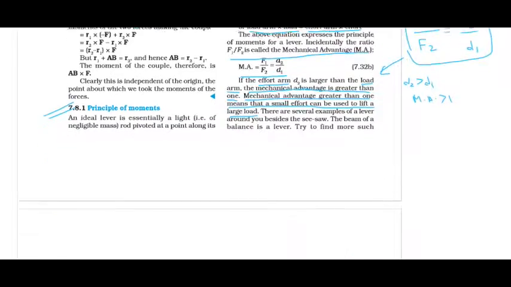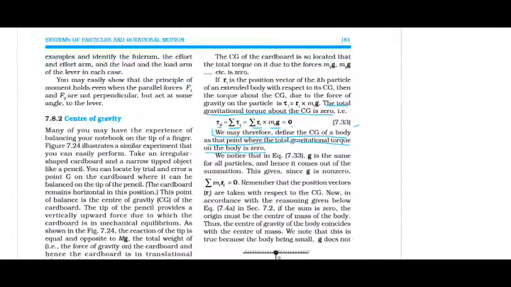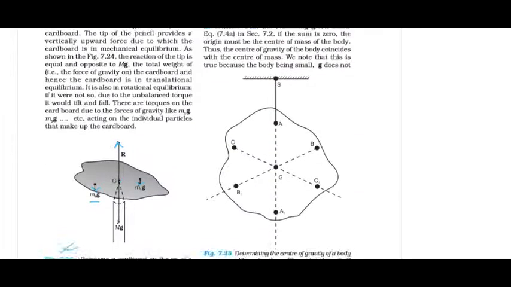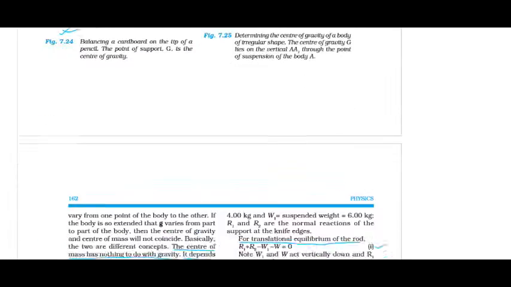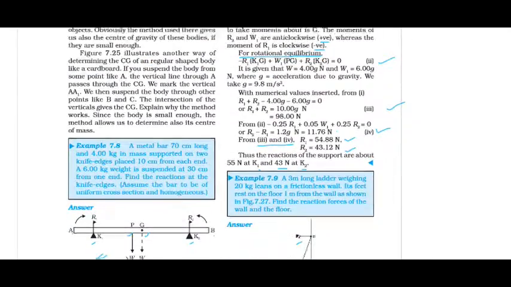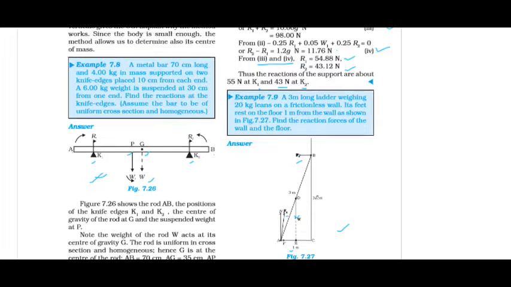Then we did center of gravity: the definition, the explanation of how to find the center of gravity, and a few examples for equilibrium.